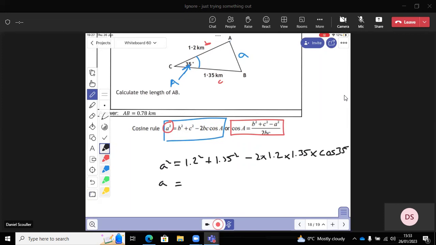All of that goes into the calculator, 1.2 squared. I'm getting 0.61.